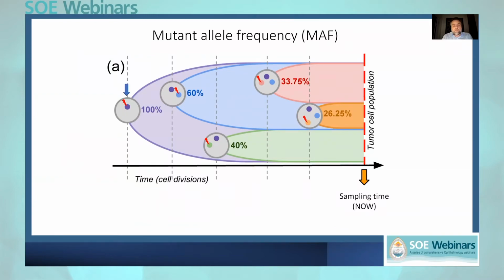Whereas the first mutation will be present in all the cells, the next mutation will only be in a fraction of the cells, and the last mutation will be in the smallest fraction of cells. It is now possible from the different fractions of mutations to make a graph of the evolution of the tumor.